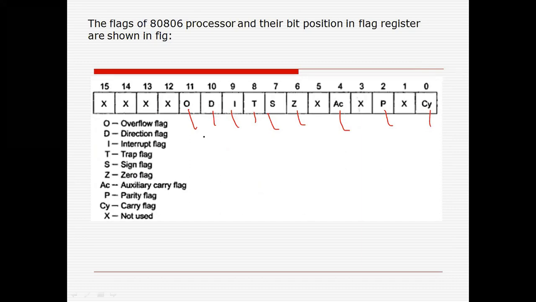With this we completed the bus interfacing unit and the execution unit of the 8086 microprocessor, and more or less we completed the 8086 architecture. This is very, very important.